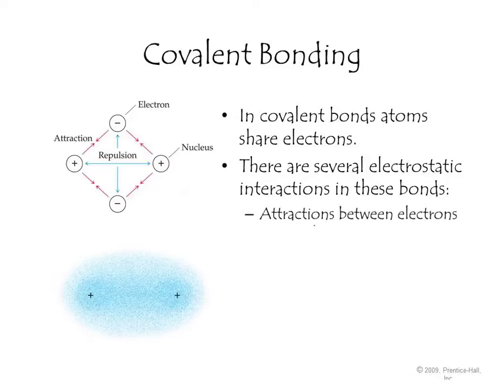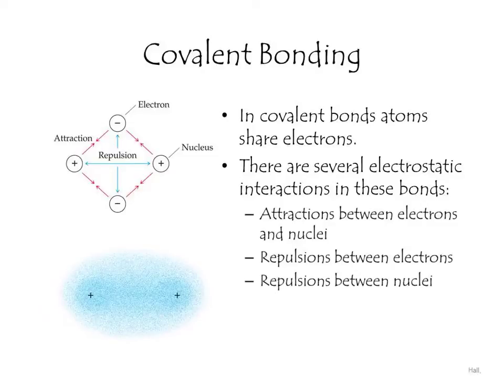The first is the attraction between electrons and the nuclei. Here are the electrons, and here are the nuclei, and there's going to be attraction between them. And since like charges typically repel, the other interactions are repulsion between the electrons and repulsion between the nuclei.